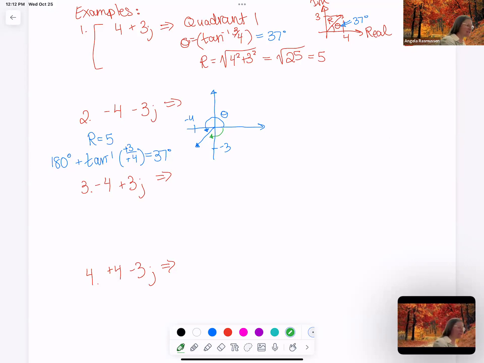So 37 is going to be here, so it's going to be -90 minus that. That's more confusing. Don't do that one. I'm going to stick with that one. So this is going to be 180 plus 37, whatever that is. 217.